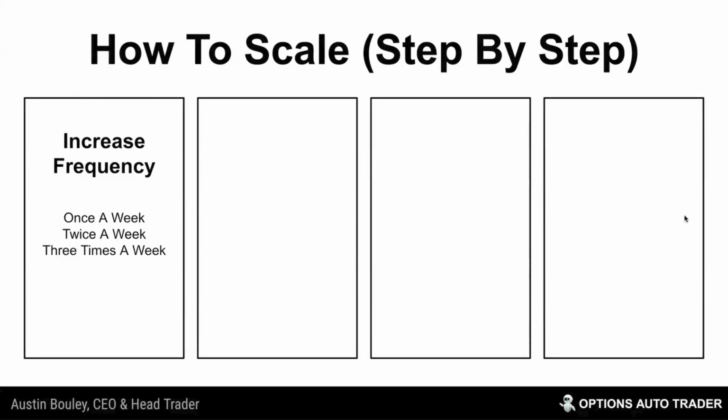Now, why is this? In my opinion, and based on my experience, I've found that it is better to increase size by increasing the amount a bot enters. Why? Because when we increase contract size, we're actually increasing the amount of risk we're taking at a particular strike price at a particular expiration date.